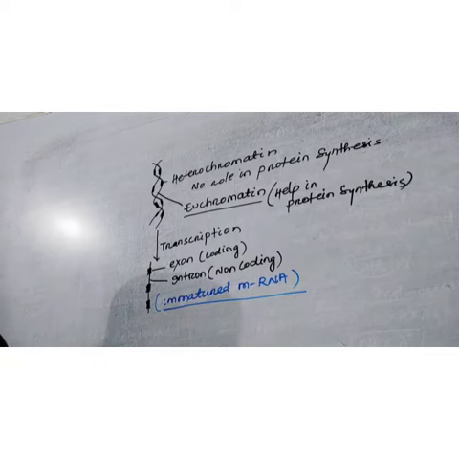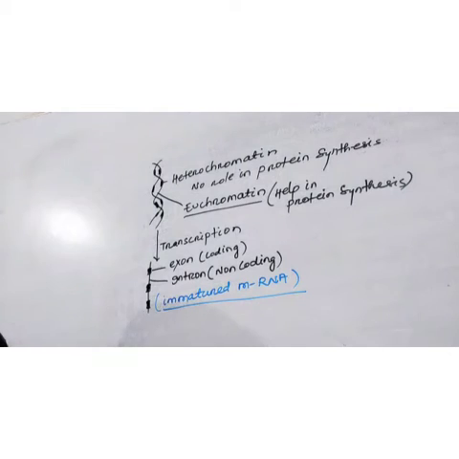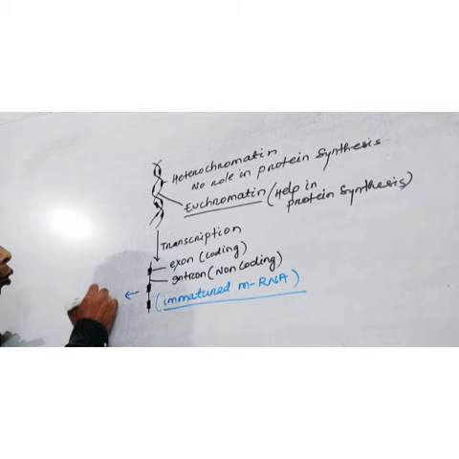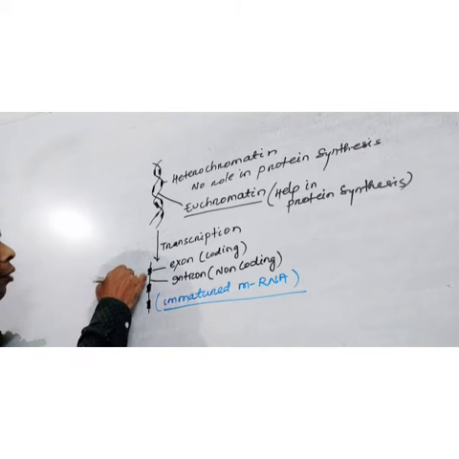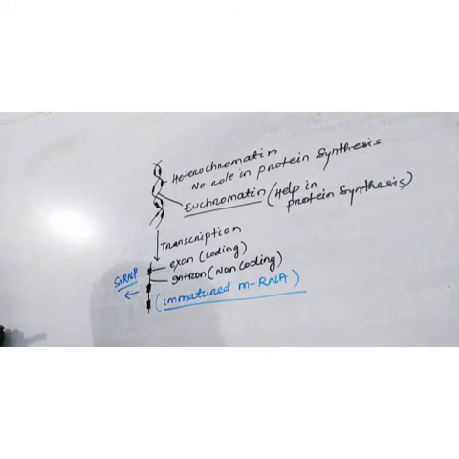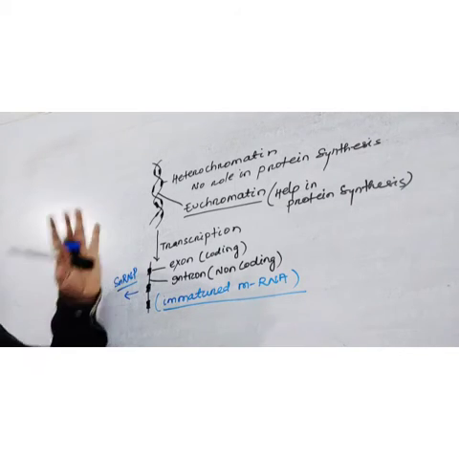The exons are the functional part of the gene, while the introns or non-coding sequences are the non-functional part of the gene. We cannot build protein from this RNA. So in such cases, what happens? Small ribonucleoproteins, snRNP, which are present in the nucleus, help in removing these introns away.